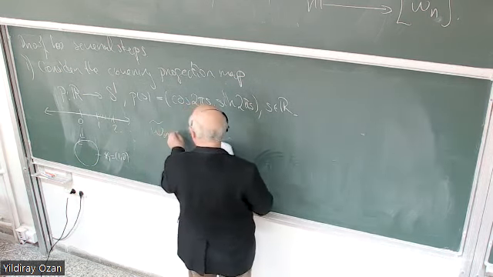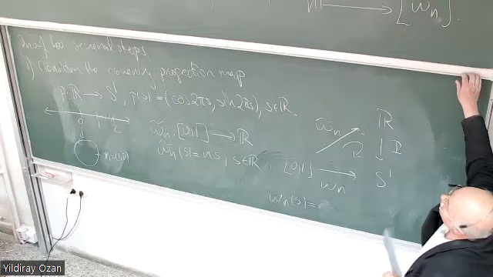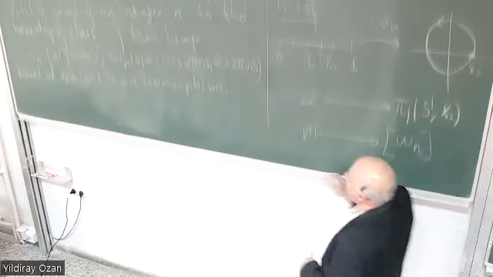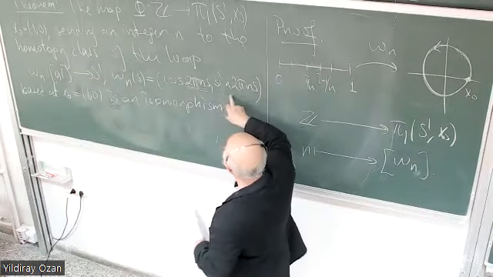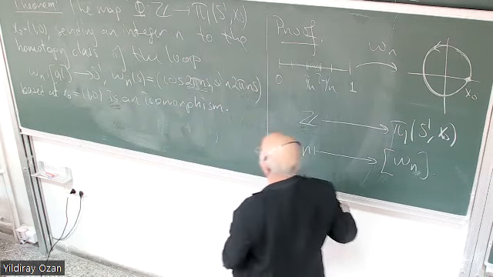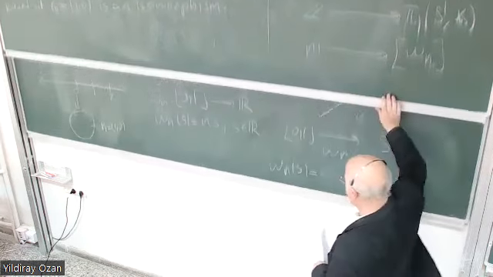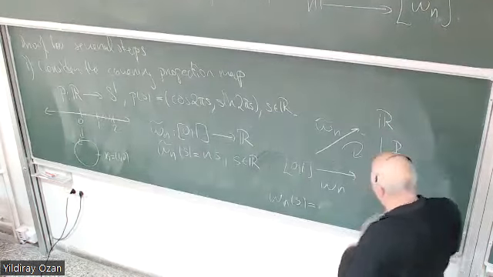Note that Wn of s is nothing but (cosine 2 pi n s, sine 2 pi n s). I can just regard it as follows.